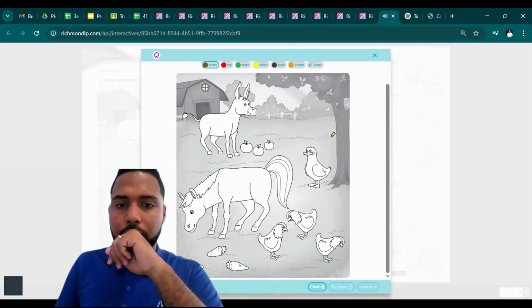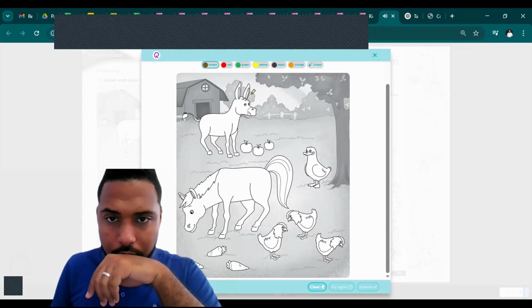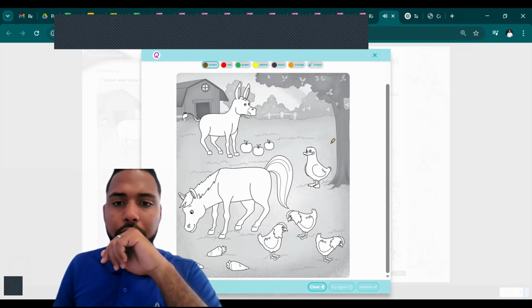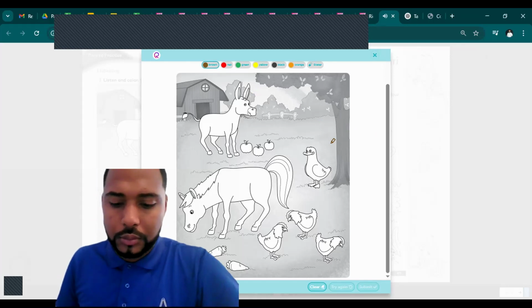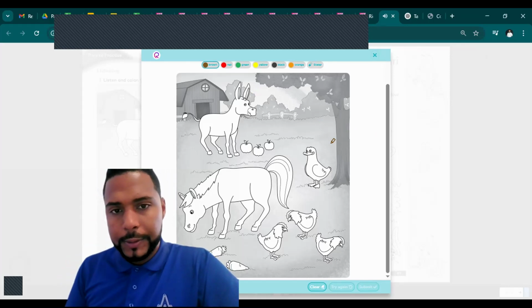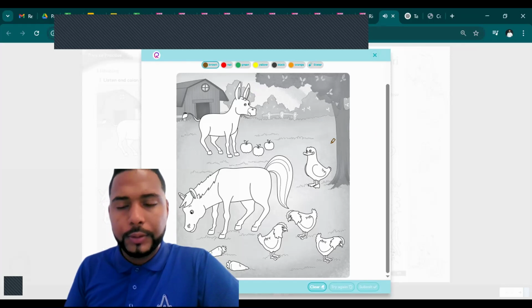Yes, it's a nice tree. Can you color it gray, please? Can you see the gray tree? This is an example. Now you listen and color.